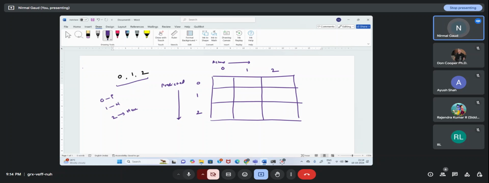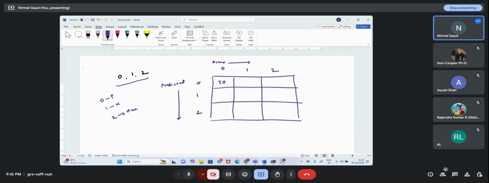It is not mandatory. You can work in this way also. Actual is 0, predicted 0, true 0.